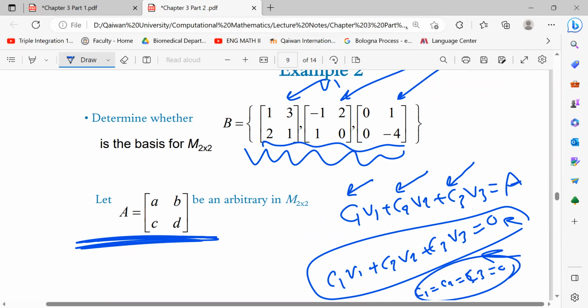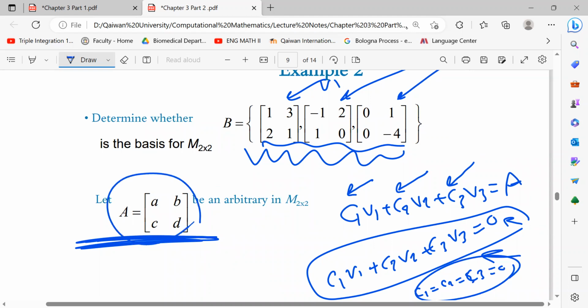So it's the second condition. If it satisfies these two conditions, if A can be written as a linear combination of V1, V2, V3, and also if V1, V2, V3 are linearly independent, that means these three are a basis for M22.